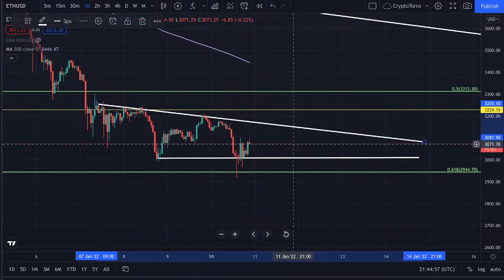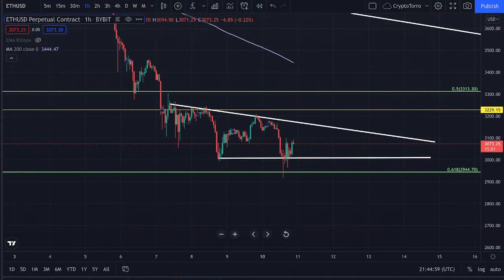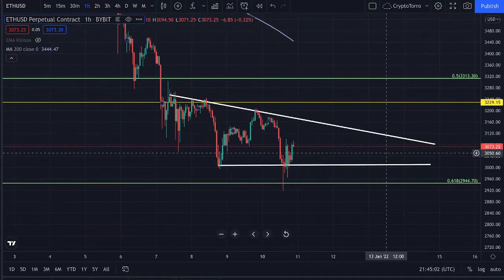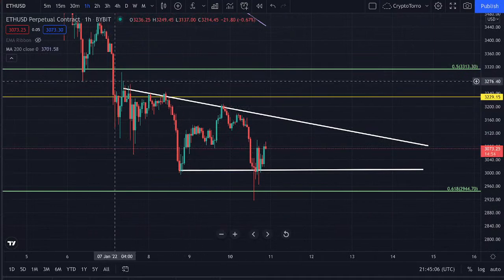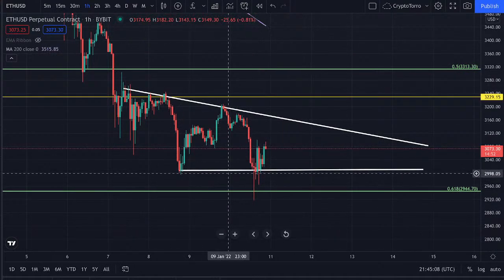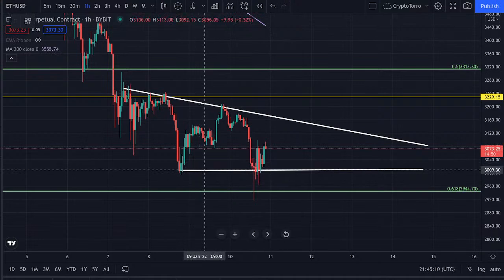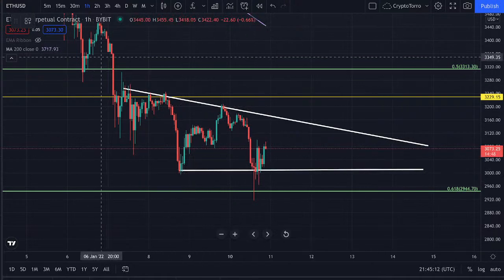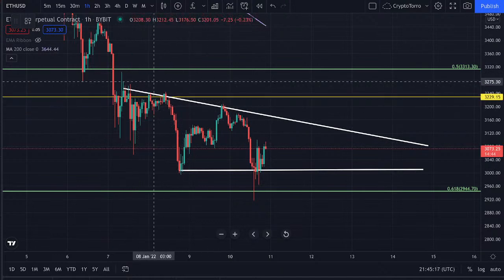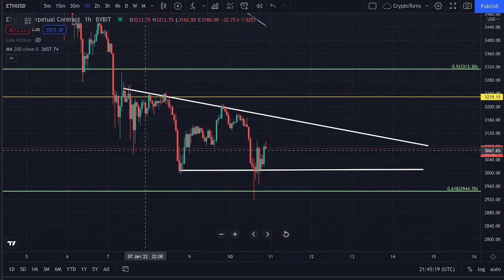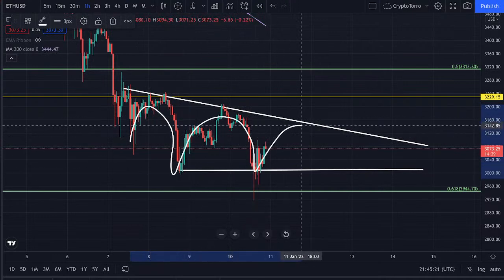So on the 1 hourly time frame, looking into Ethereum's price action a little bit more closely, what we are seeing is actually this descending triangle, I would like to say. We are clearly seeing a horizontal level of support, and we are also seeing this descending resistance above us. So therefore, this is a pattern that tends to break down towards the downside.